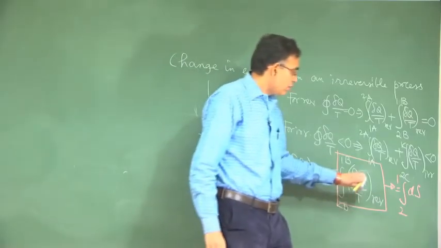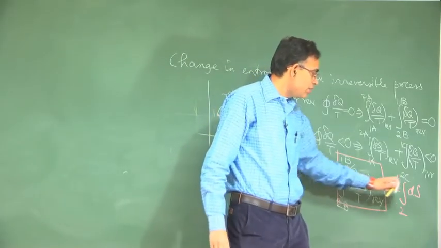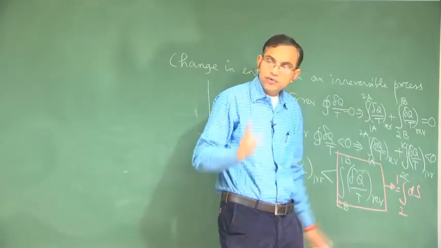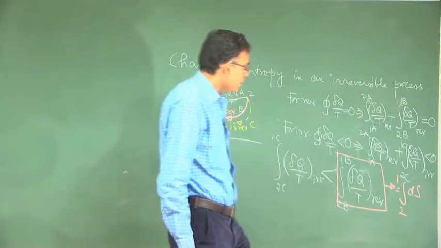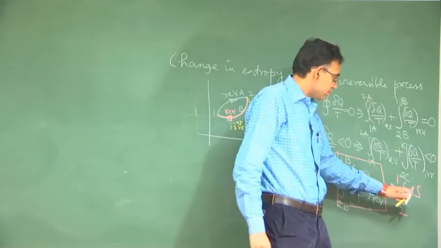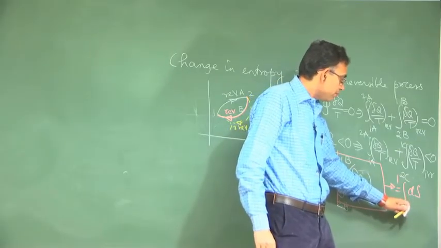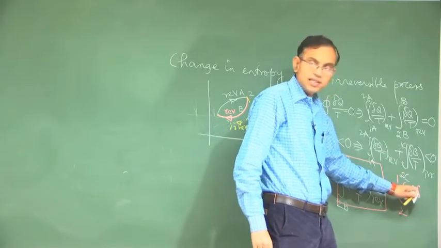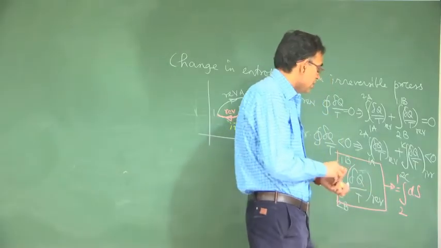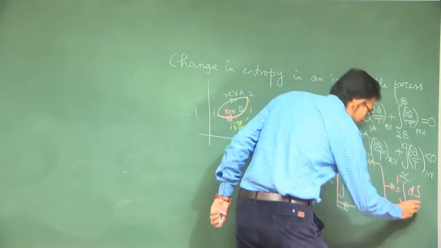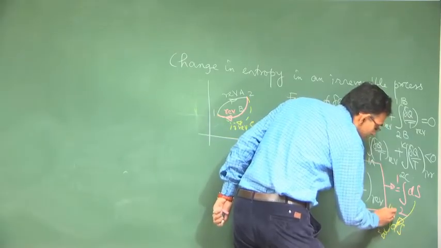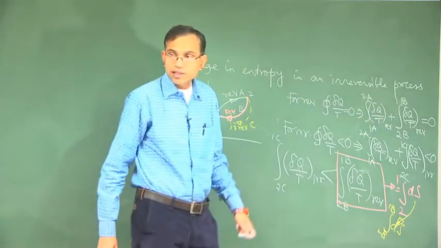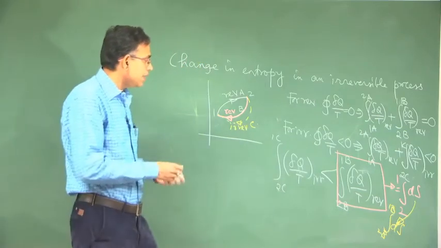The formula del q by T equals ds we can apply only for a reversible process, and because it is between 2 and 1 and does not depend on path, the same thing we can say is ds from 2B to 1B, because it is no more path dependent.